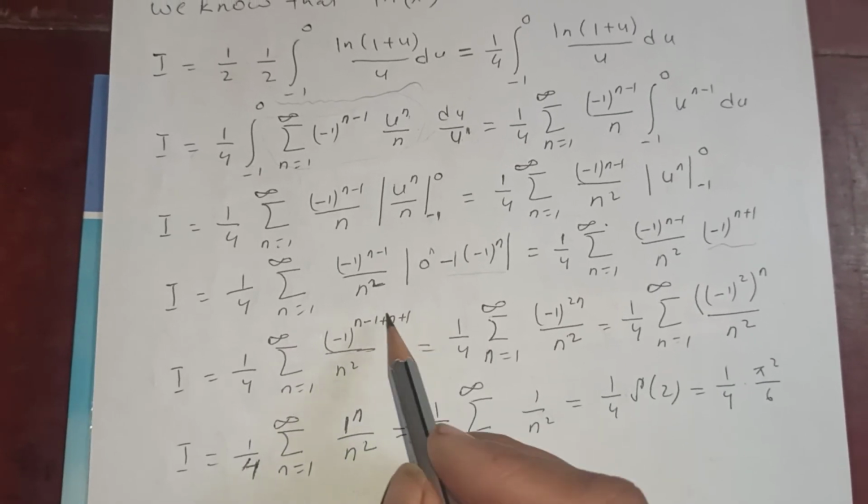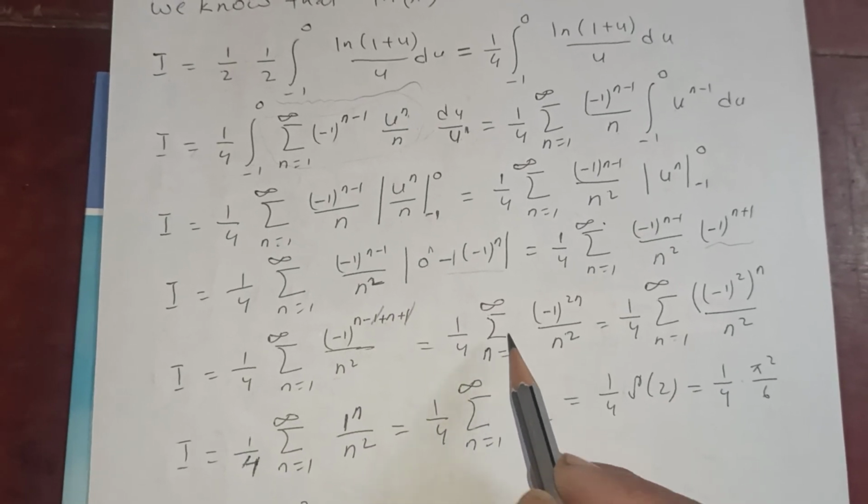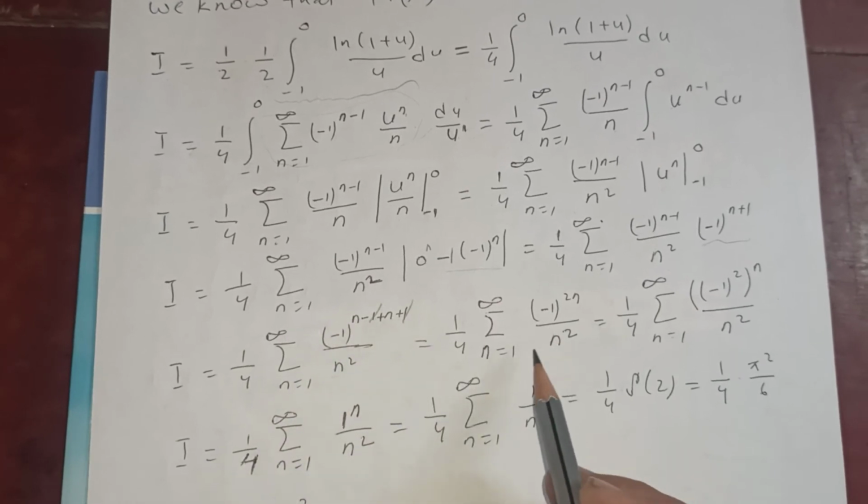So here minus 1 and 1 cancel out. 1 by 4 sum from n equal to 1 to infinity, minus 1 to the n plus n is 2n, upon n squared. So which is 1 by 4 sum of minus 1 squared, whole to the n, upon n squared. Minus 1 squared is minus 1 into minus 1, so this is plus 1. Therefore 1 to the n upon n squared. 1 to the n, whatever you plug in, 1, 2, 3, is always positive.